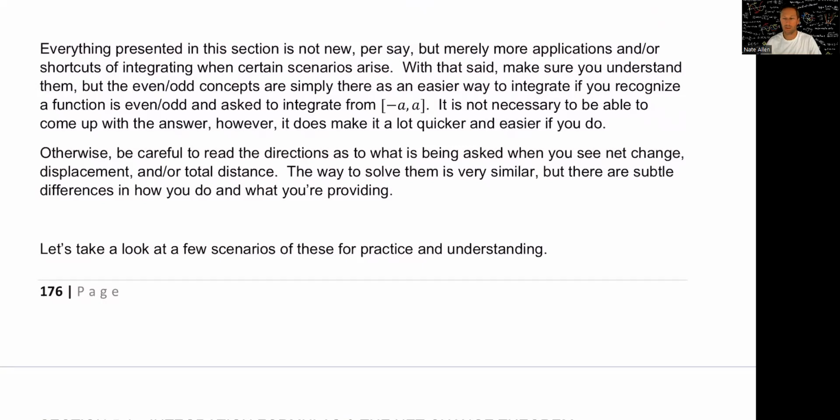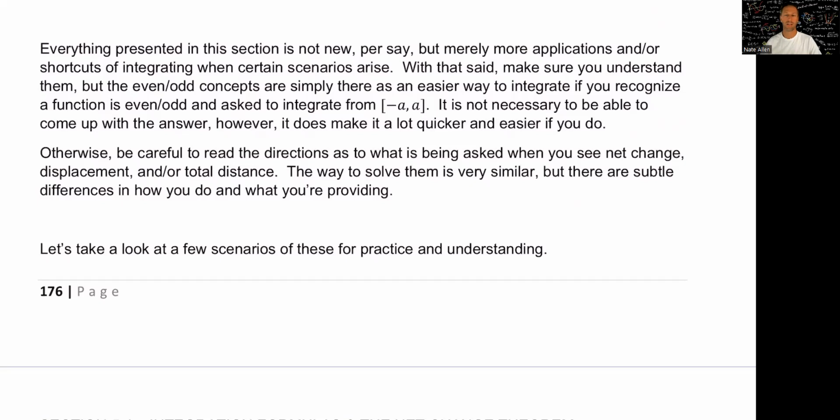So everything in this section that we've gone over very quickly, because it's really not anything new, it's just now we got that fundamental theorem part 2 that we can utilize to get these, whether they're special circumstances or applications, total distance or net displacement, whatever it might be, we can now use that fundamental theorem to speed up the process.